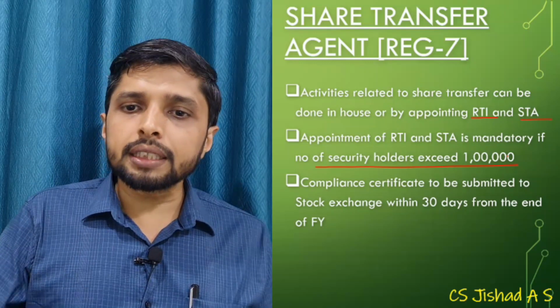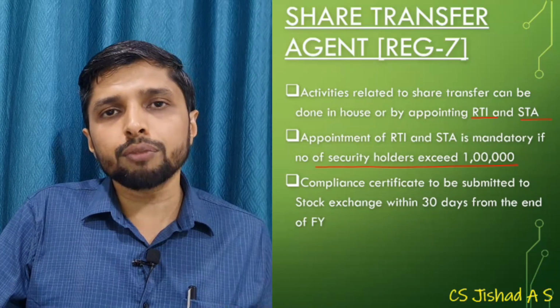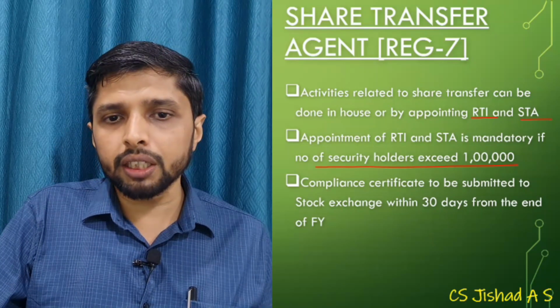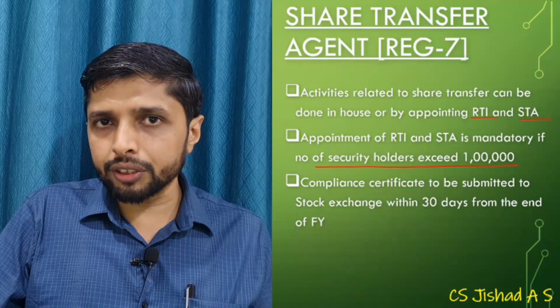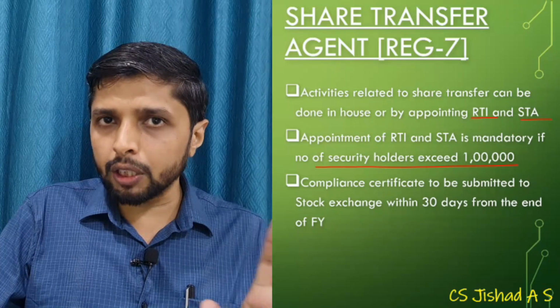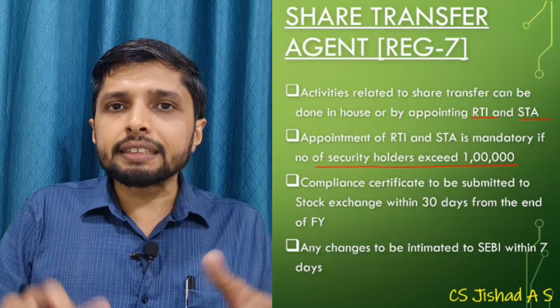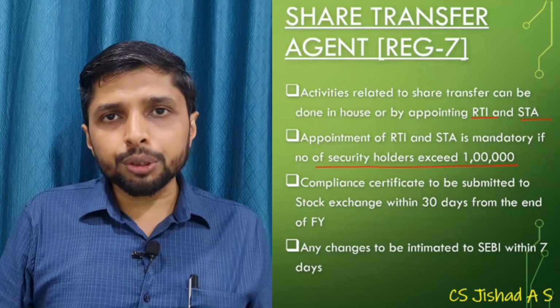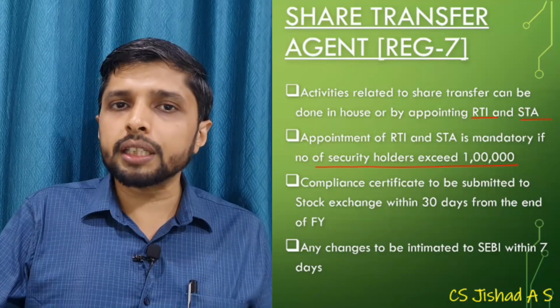A compliance certificate has to be submitted to the stock exchange within 30 days from the end of the financial year, related to the appointment of share transfer agent and registrar to issue. If there are any changes in the registrar to issue or share transfer agent, that will have to be intimated to SEBI within 7 days.